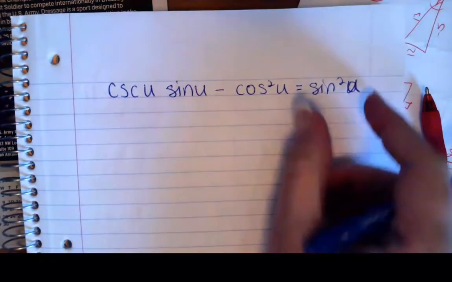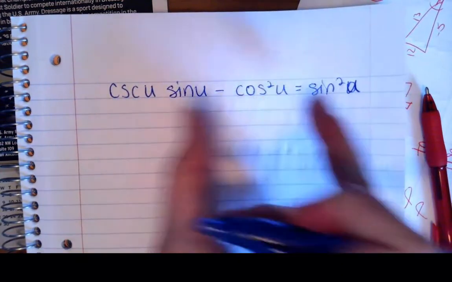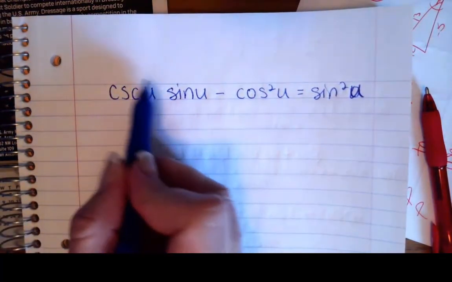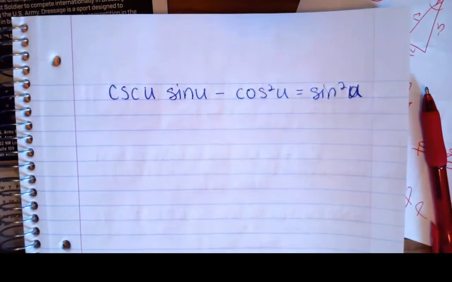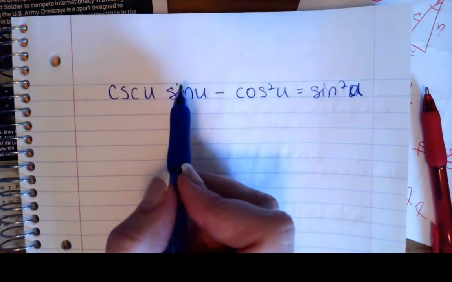Okay, so I am going to concentrate on making this thing into a sine squared. So what is something I know how to do? Well, I can change this into 1 over sine.